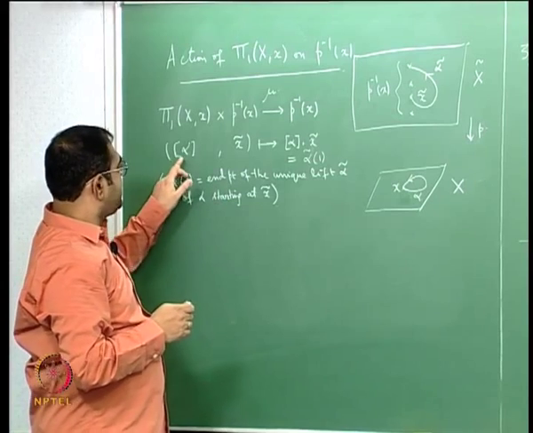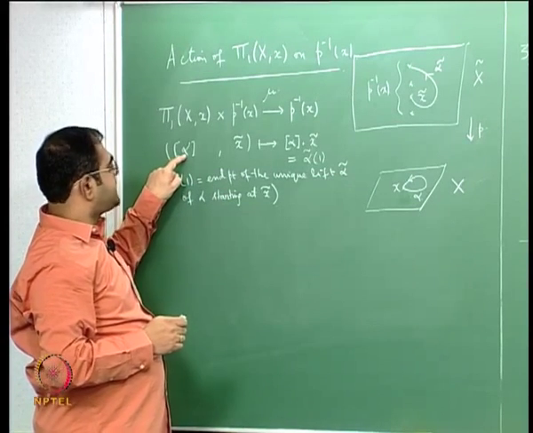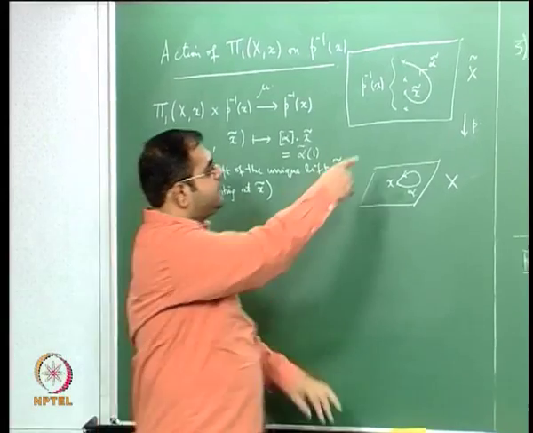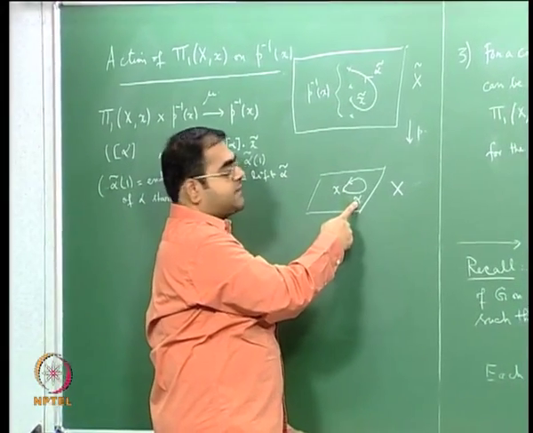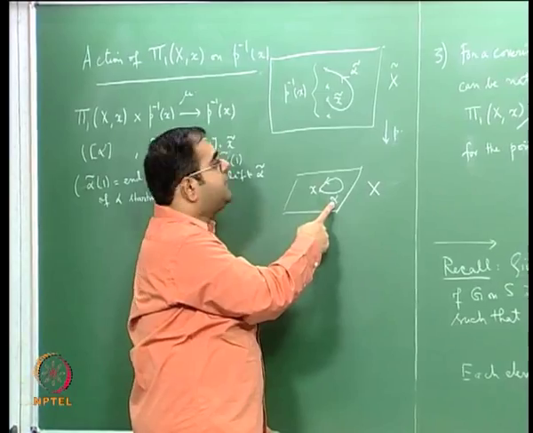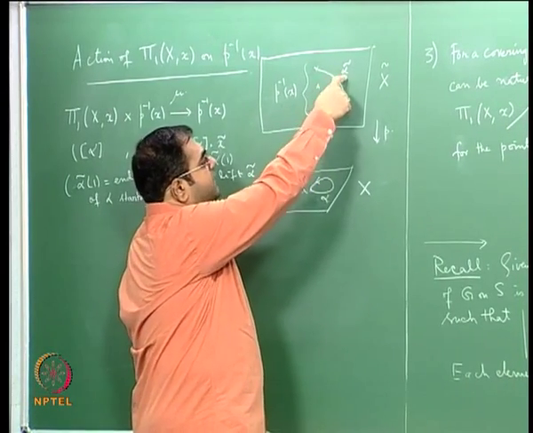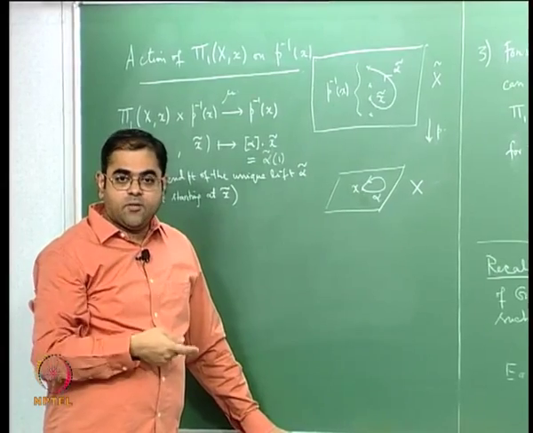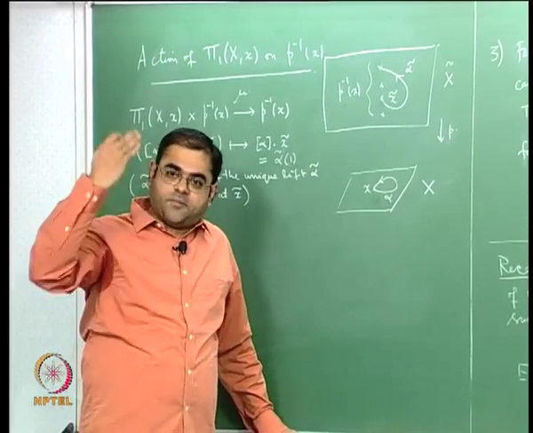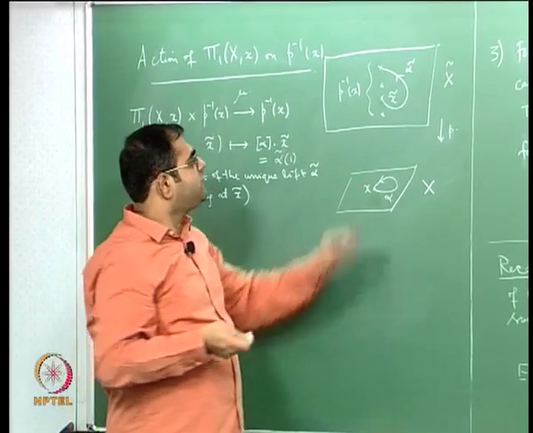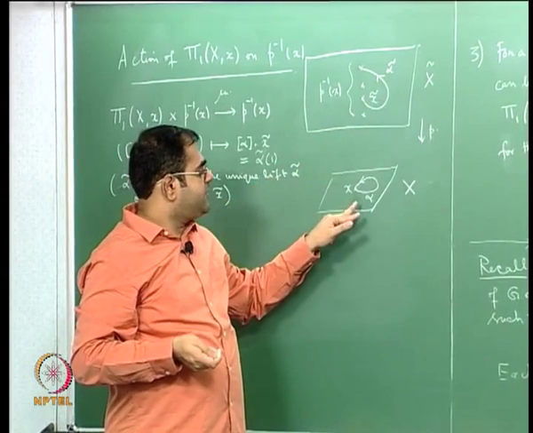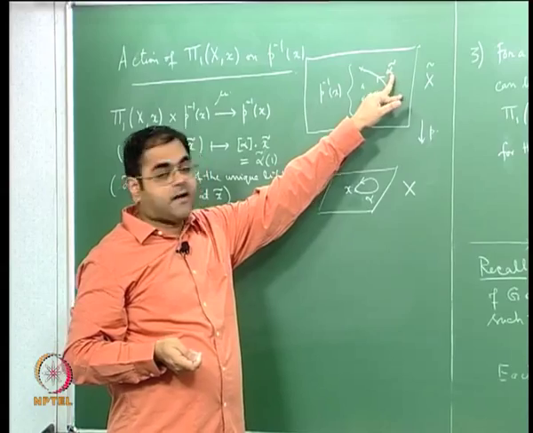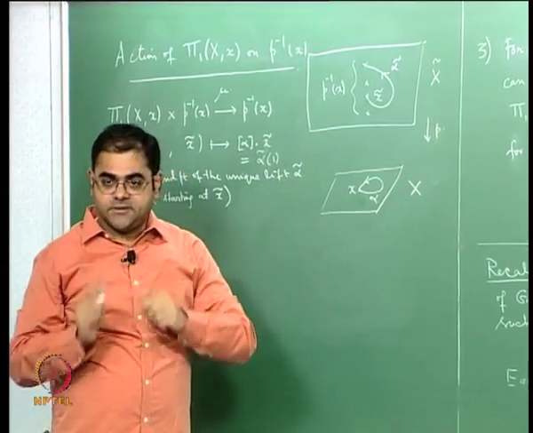First of all, that this is well defined is clear, because if I replace alpha by another loop alpha prime which is homotopic to alpha, then alpha tilde and alpha prime tilde will also be homotopic, because the covering homotopy theorem tells you that you can also lift homotopies. That will force that alpha tilde and alpha prime tilde will still have the same endpoint.